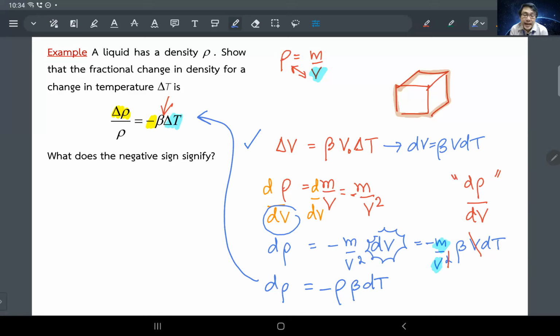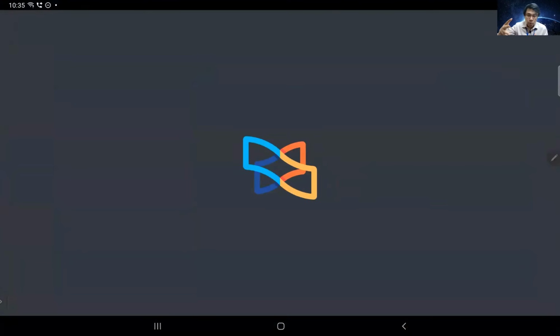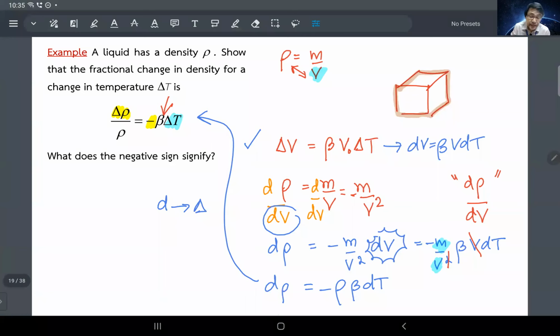All right. So I hope that by bringing calculus into these calculations, it makes things easy. Plus, it's good to see the relationship in a differential form. Everything is infinitesimally small. When you have something so small like that, you can turn the d back to the delta. So you sort of zoom out, but you still keep that linear change from the differential scale. That's what we did over here.